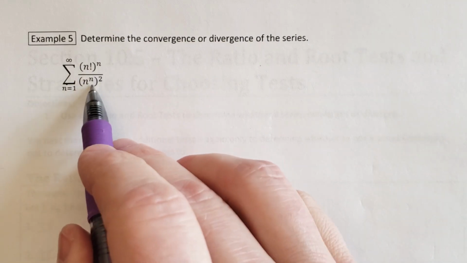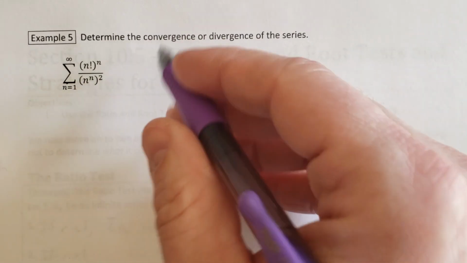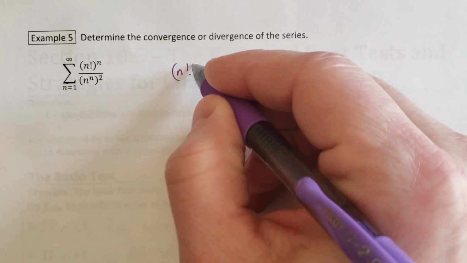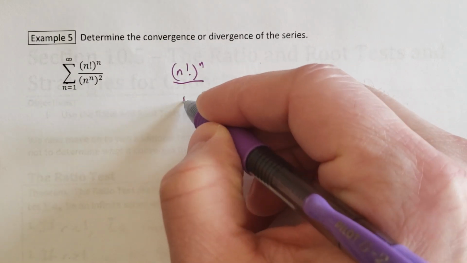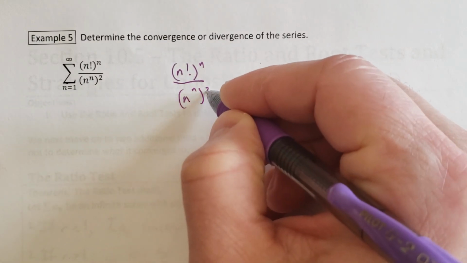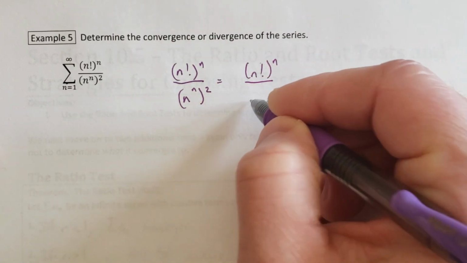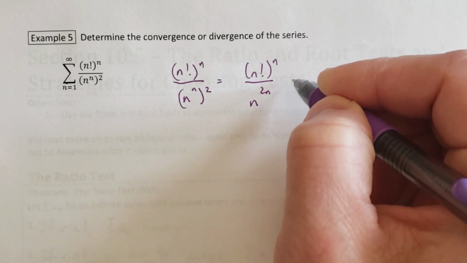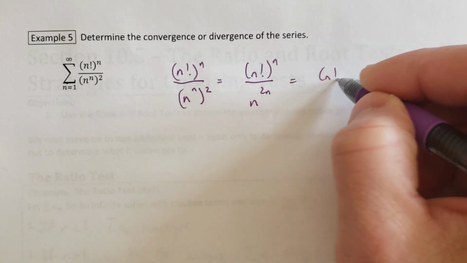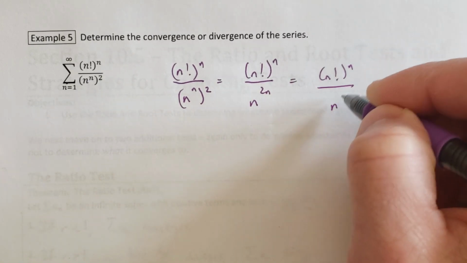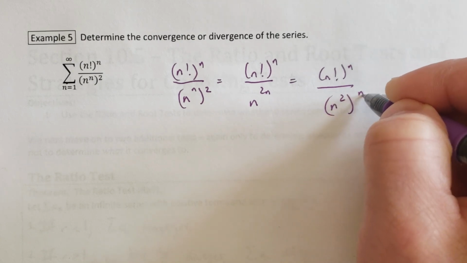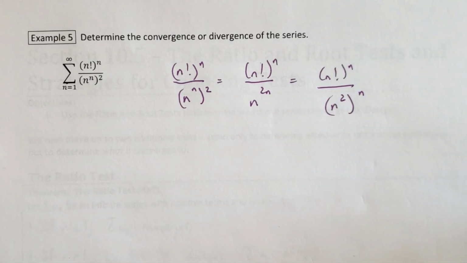Let's see. We've got powers of n. This one's weird. It's kind of inside: n factorial to the nth over n to the nth squared. Let me rewrite that, because I'd like to get just a power of n. So that could be n to the 2n. Then we could write it n squared to the nth. We could kind of switch those.